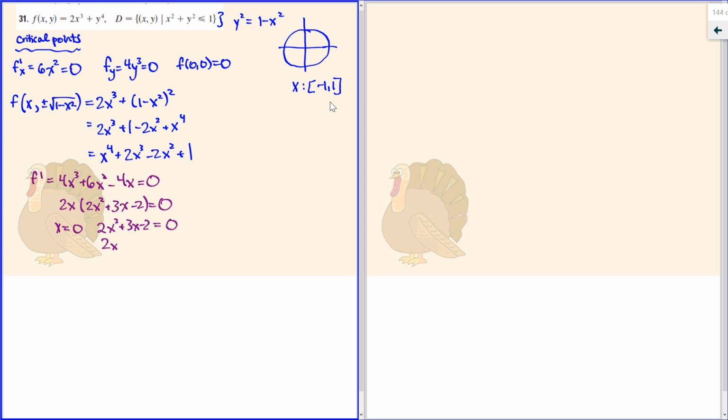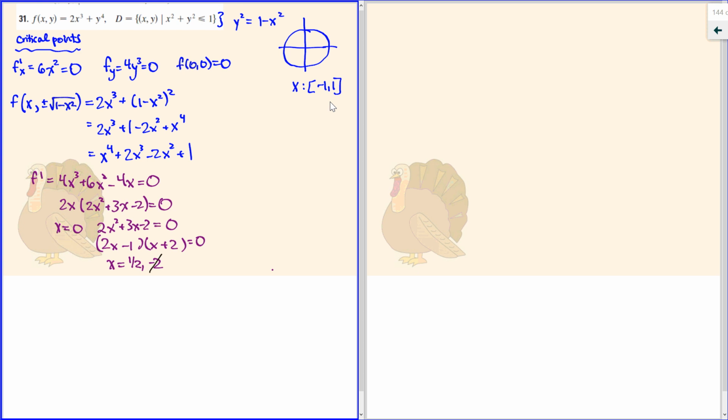I'm going to factor this real quick. And so factoring that, I get critical points. Let me make sure I did that right. Yeah, that looks good. x equals 1/2 and -2. We know -2 isn't really valid for this because it's outside of our region.